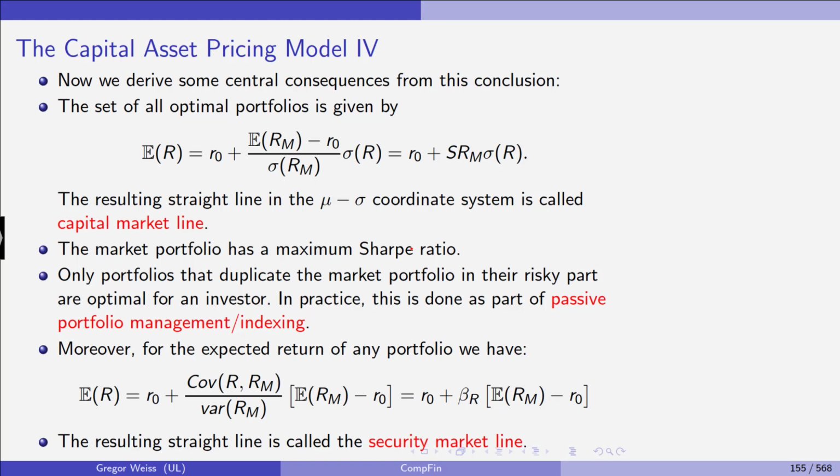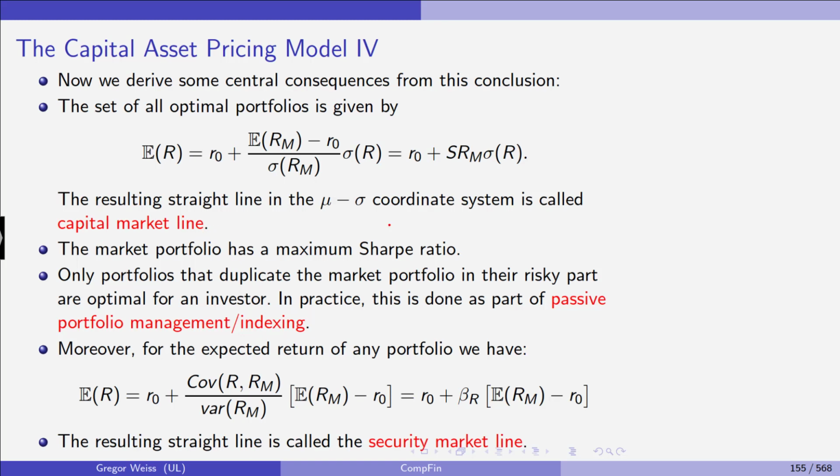First of all, the set of all optimal portfolios is now given if we know the tangent portfolio. The expected return equals the risk-free rate plus the Sharpe ratio times the volatility of the individual return, sigma_i. And this results in a straight line in the mu-sigma coordinate system, and this is called the capital market line.